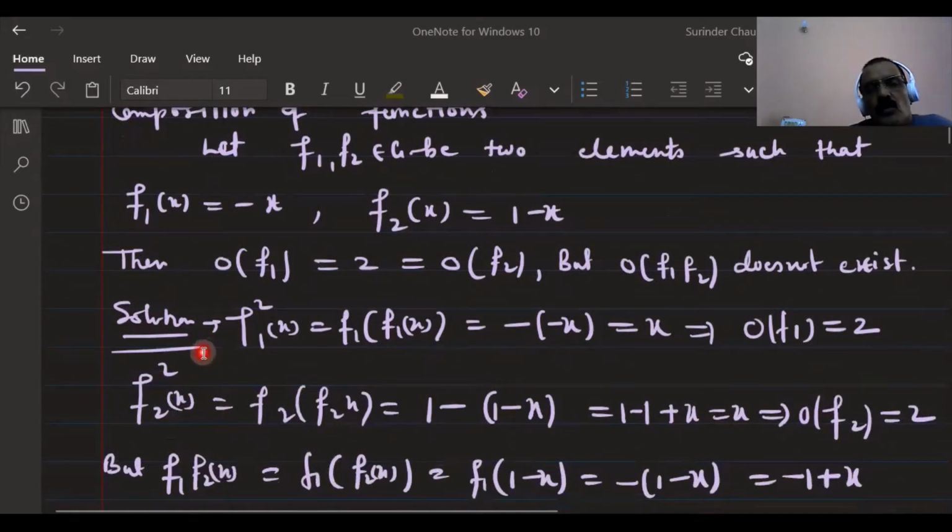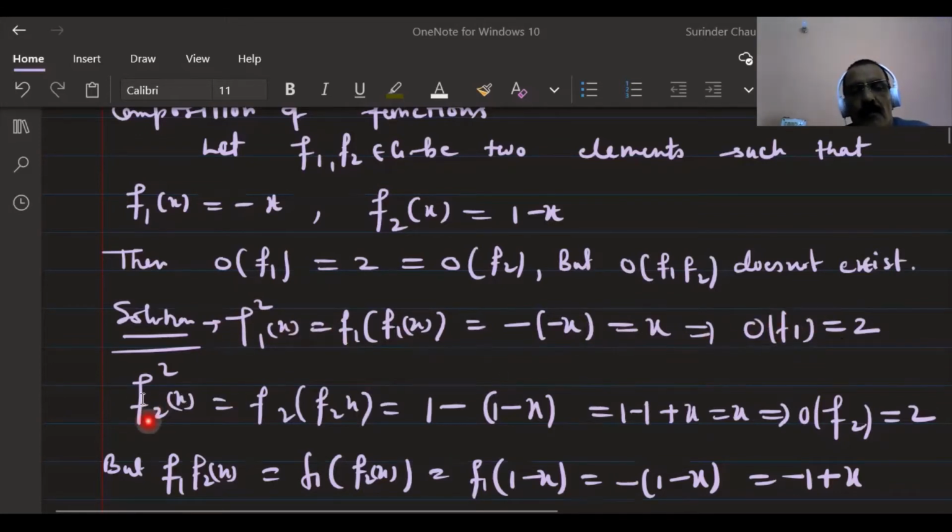In order to show the order of f1, f1 square of x is equal to f1 of f1 of x. f1 of x is equal to minus x, so this is equal to minus of minus x, which is x. So f1 square of x is equal to x, which implies f1 is of order 2.